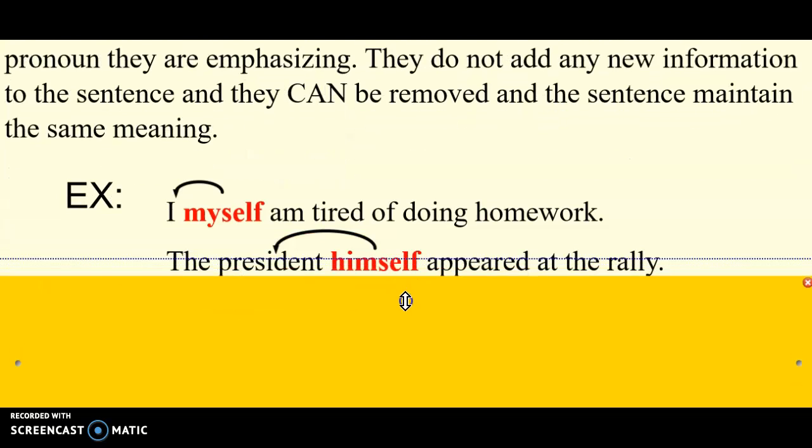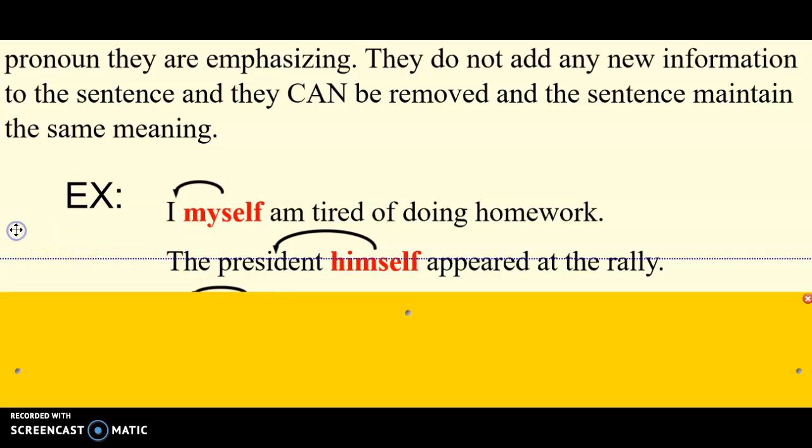So let's look at another example. The president himself appeared at the rally. So himself is my pronoun. Okay? It is intensifying the subject, which is president. It's following the subject immediately, okay, which doesn't always have to be true, but in this case it is. And the sentence would make sense without it.